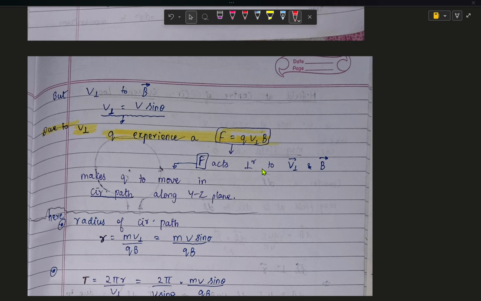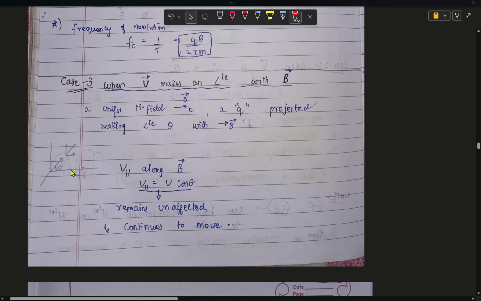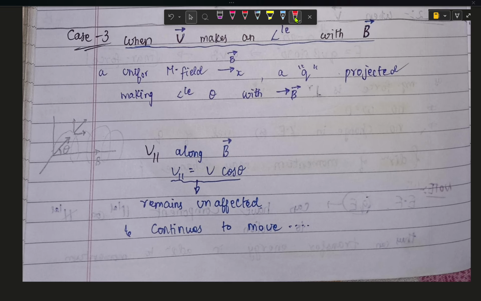This force acts perpendicular to this and makes the charge move in a circular path. This is the path generated by the particle, like this in a zigzag manner. The reason why the charge is moving like this continuously: as the charge is projected like this, it has some parallel component and perpendicular component.